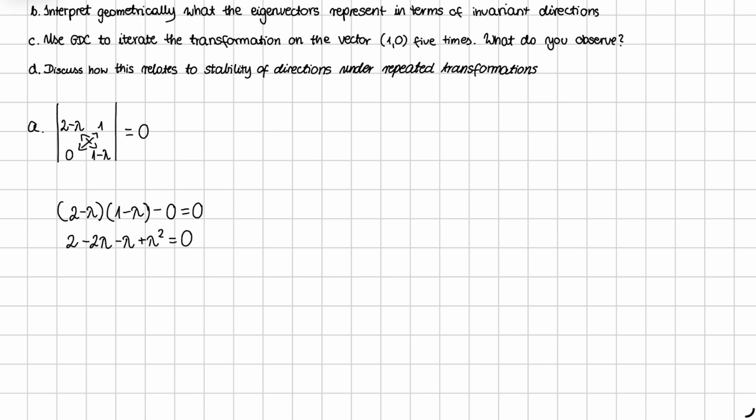So we can change the order: first lambda squared, then minus 3 lambda, and plus 2 equals 0.